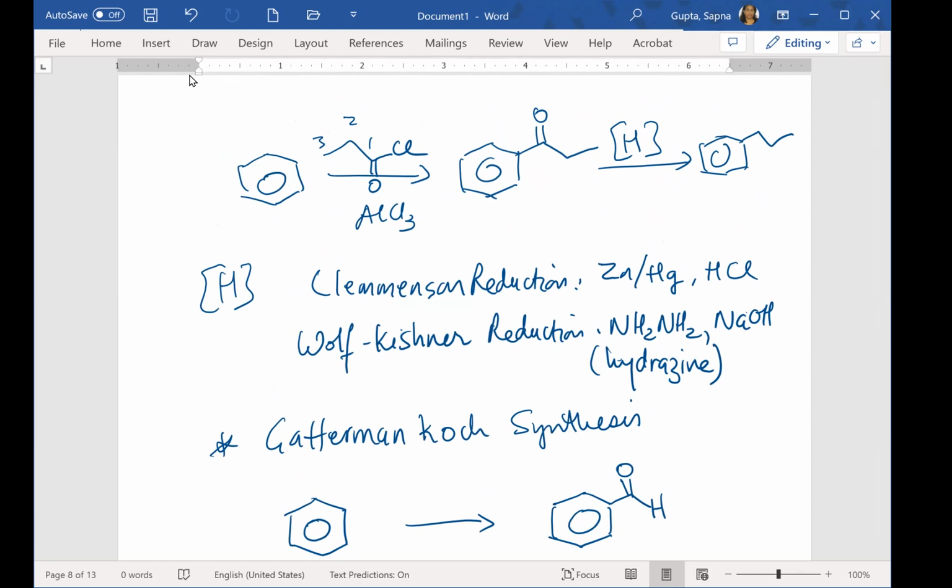I want you to look at the Friedel-Crafts acylation that I have on the top. So I have the acyl chloride and aluminum chloride, and that's giving me a ketone, right? A ketone is an internal functional group. It is surrounded by carbons. Aldehyde is a terminal functional group. It has one carbon and one hydrogen. It can have two hydrogens also. But in this case, there is the benzene ring on one side because, of course, we are on aromatic compounds.